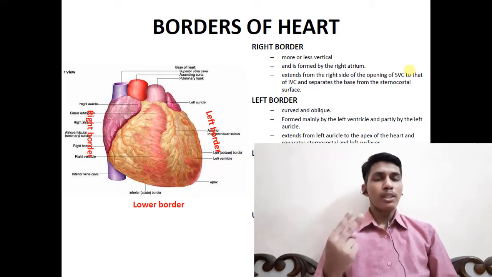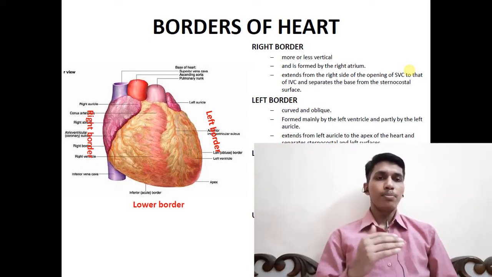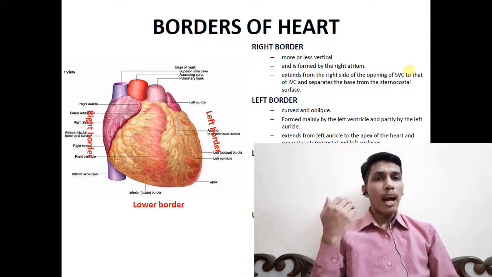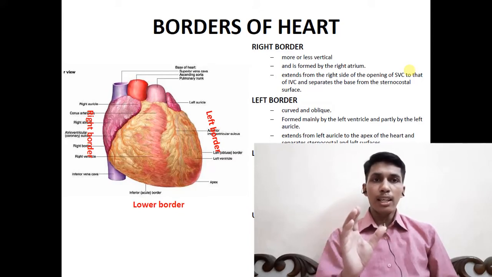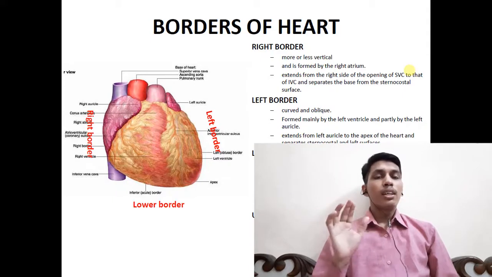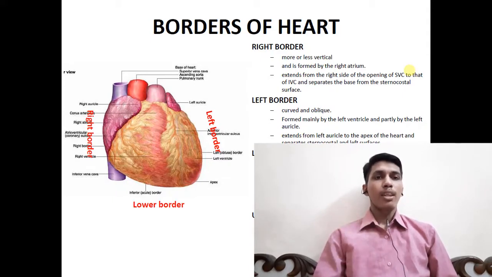Secondly, we must know the difference between the auricle and the atrium. Atria are the chambers and auricles are the appendages. From the sternocostal or anterior view of the heart, the left auricle is seen. Basically we cannot see the left atrium there.